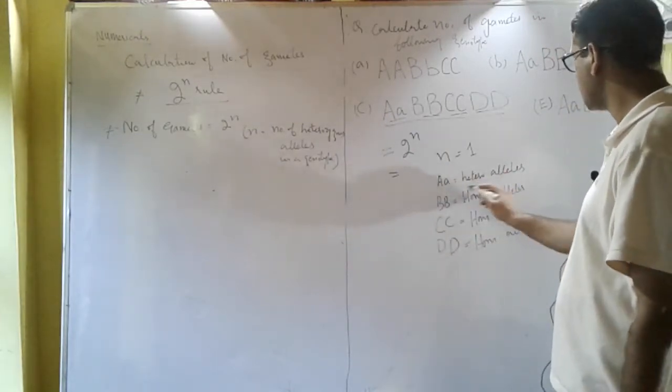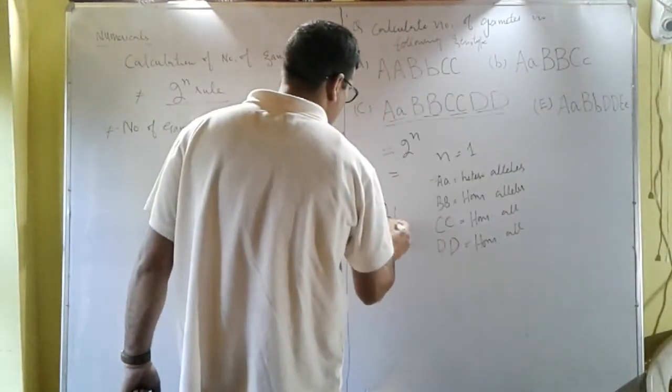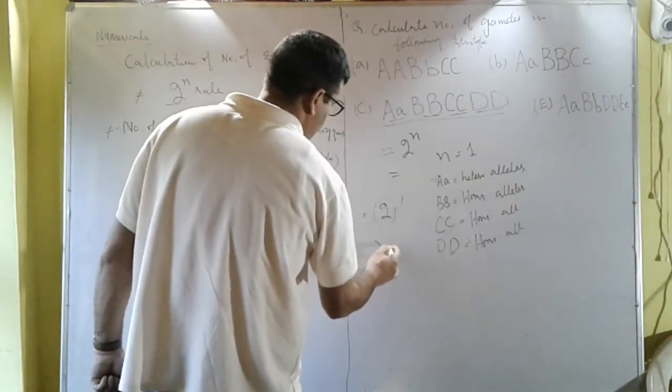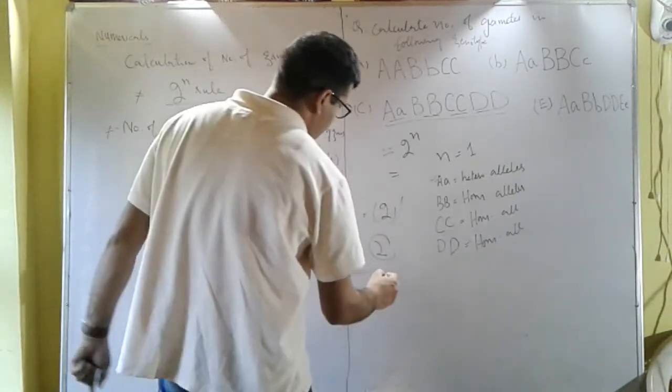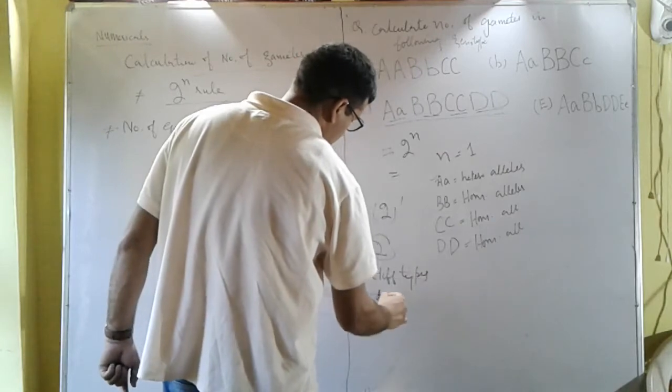So only one heterozygous allele, and we write 2 raised to the power 1, which is 2. So 2 different types of gametes are formed.